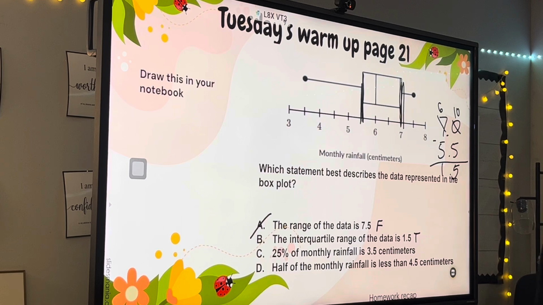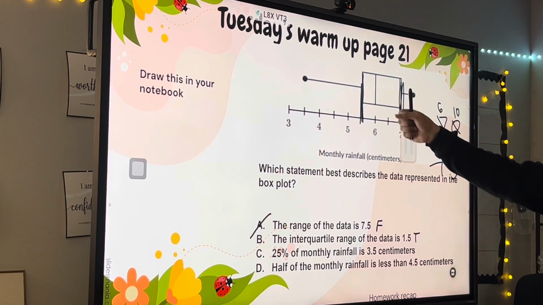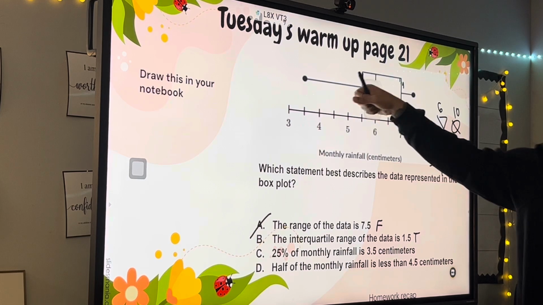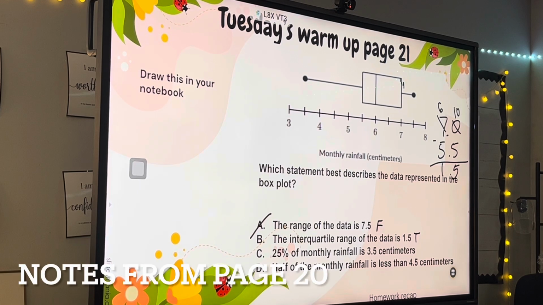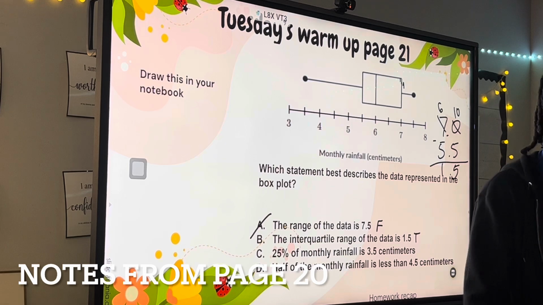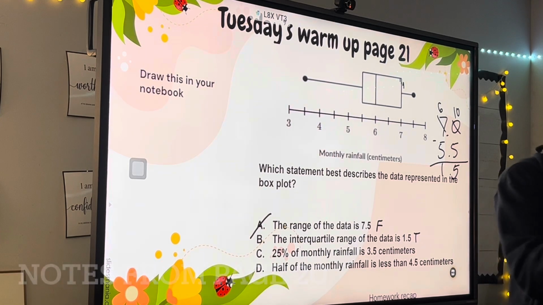C, 25% of monthly rainfall is 3.5 centimeters. So I need someone to tell me, and look in your notes. It's on page, what page is that again? 21. I want to know from where to where is 25%.